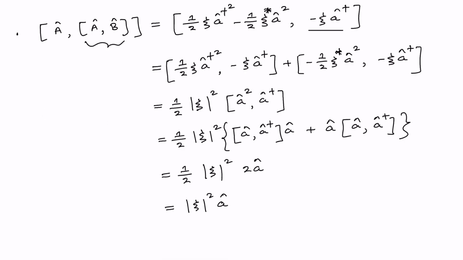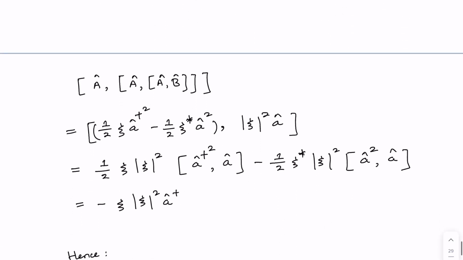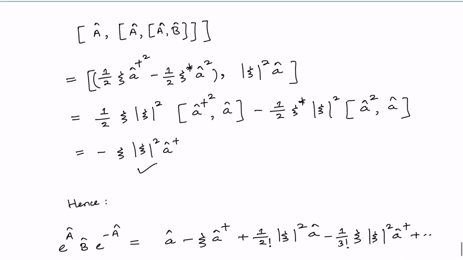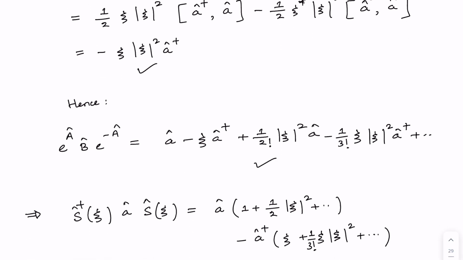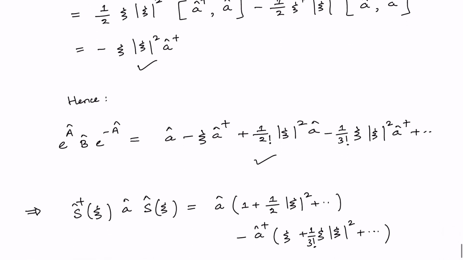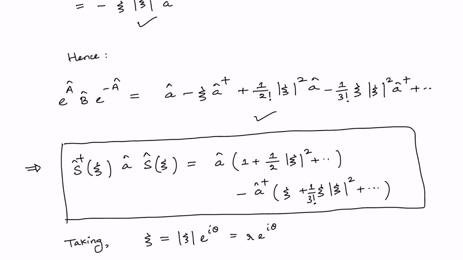If you do this, you are going to find this result, and then you can find the third commutation relation, and that's going to give you this expression. Then you club all the terms together, and this is going to give you this expression. That means your S†AS, this is what you are going to get.